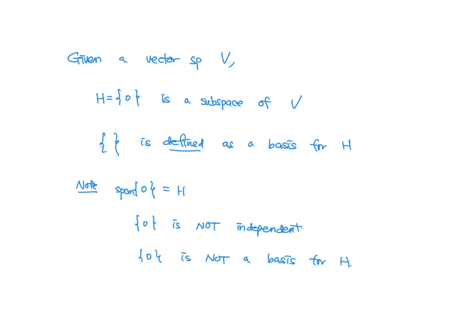The zero space is a subspace of any arbitrary vector space. And in case of a basis, an empty set is defined as a basis for H space, not the zero set. Please be careful.